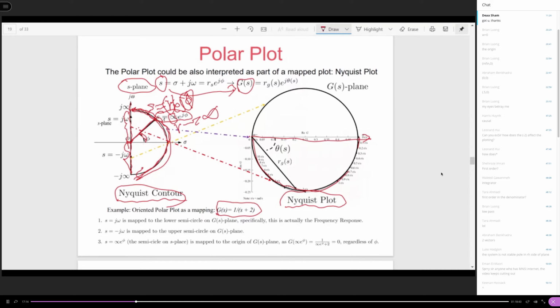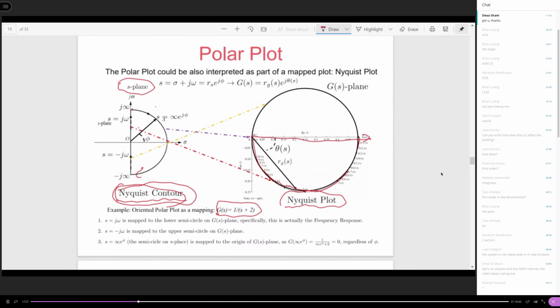We're going to define this closed curve on the S-plane as the Nyquist contour.